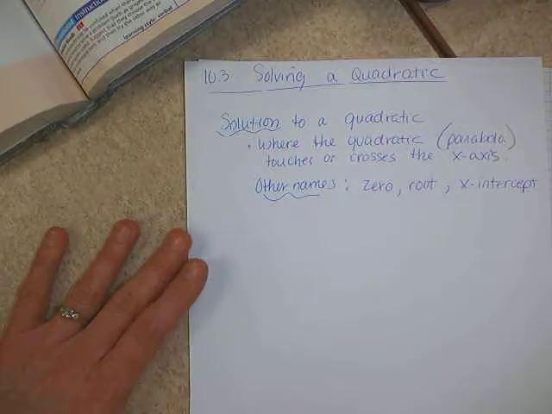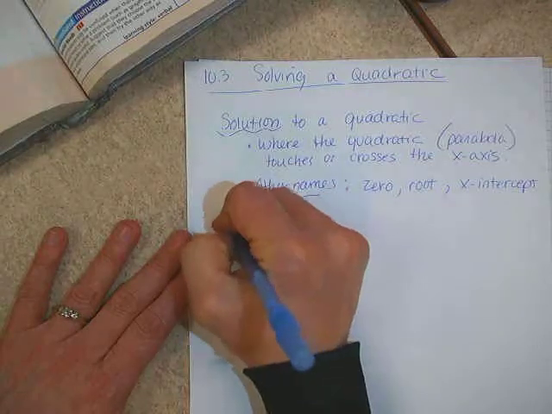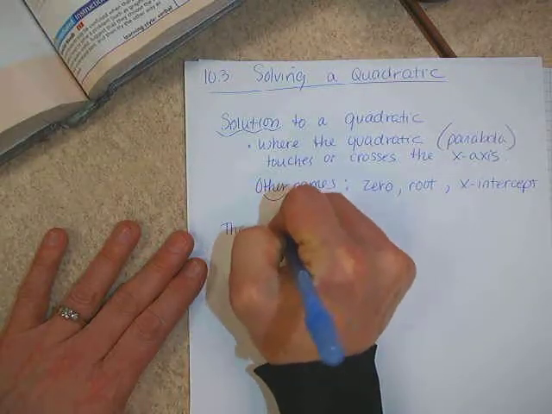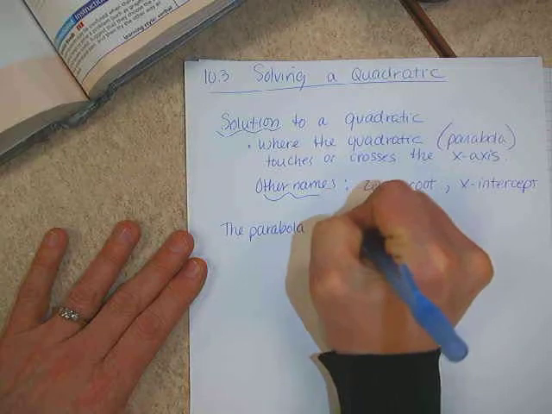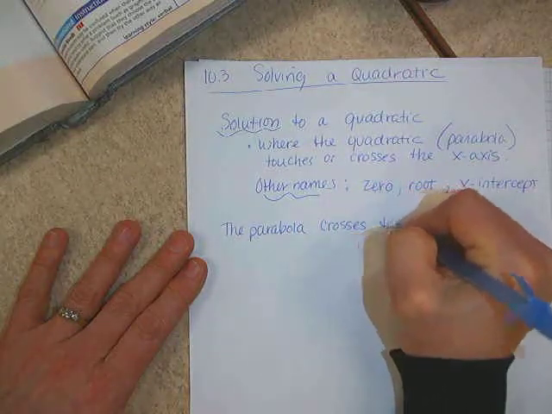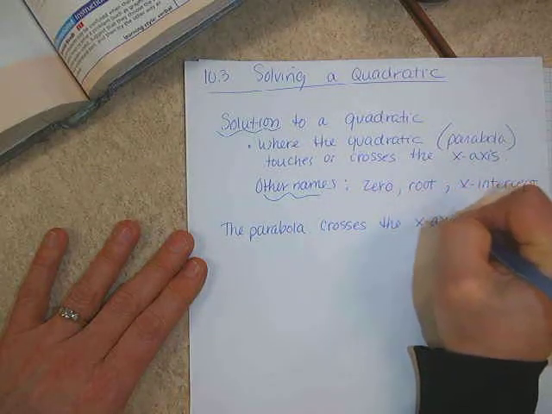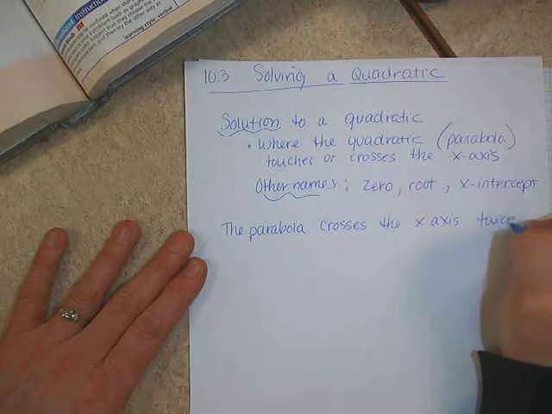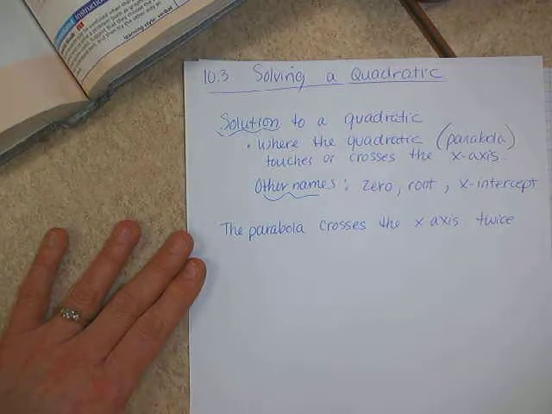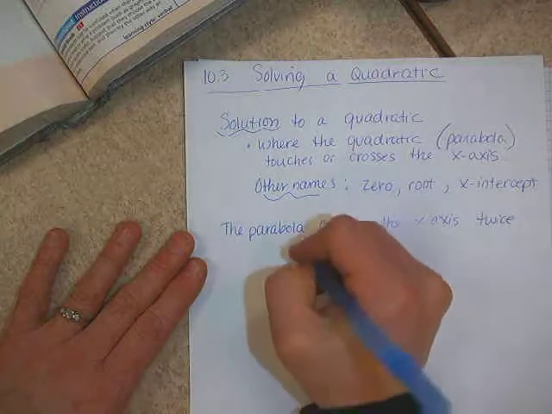Okay, so the options that might happen is the parabola crosses the x-axis twice in two spots.